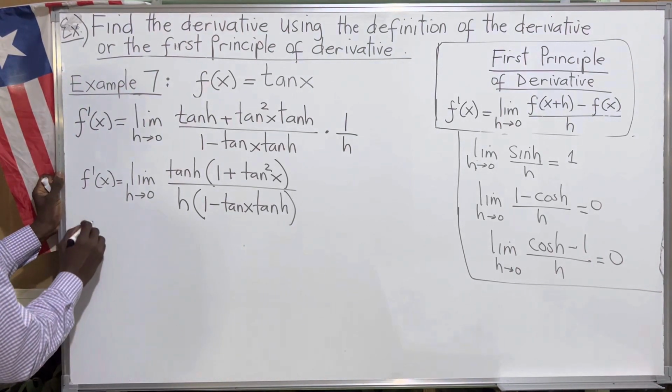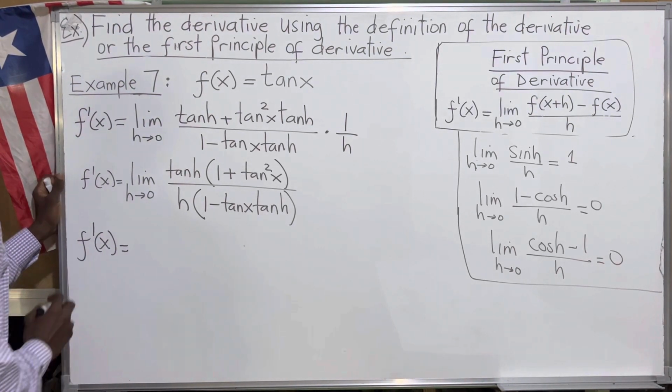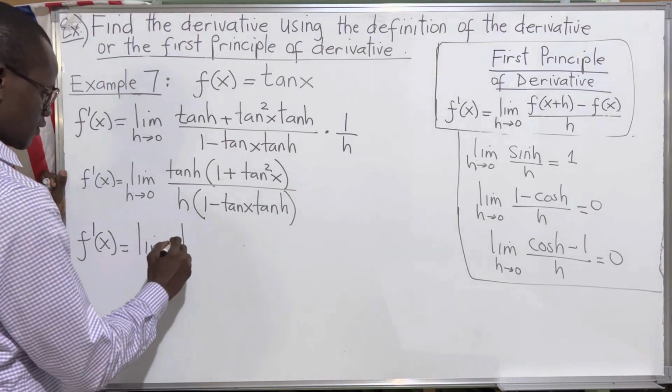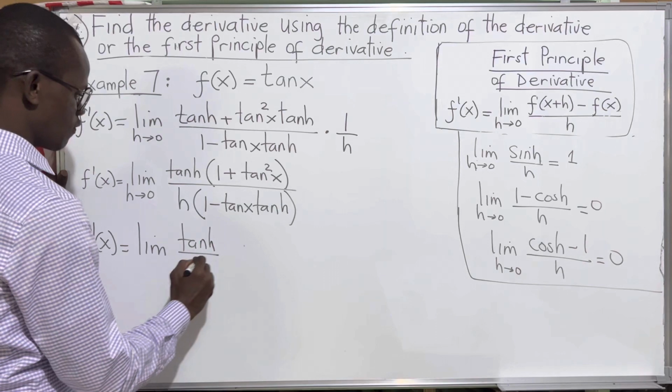So now we have f prime of x equal to tangent of h all over h.